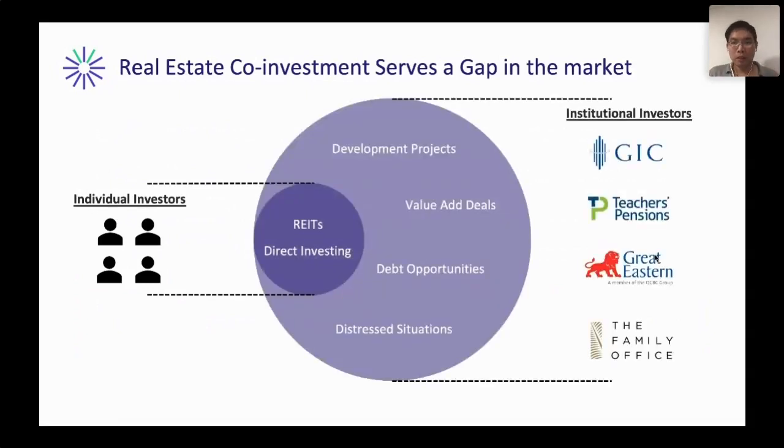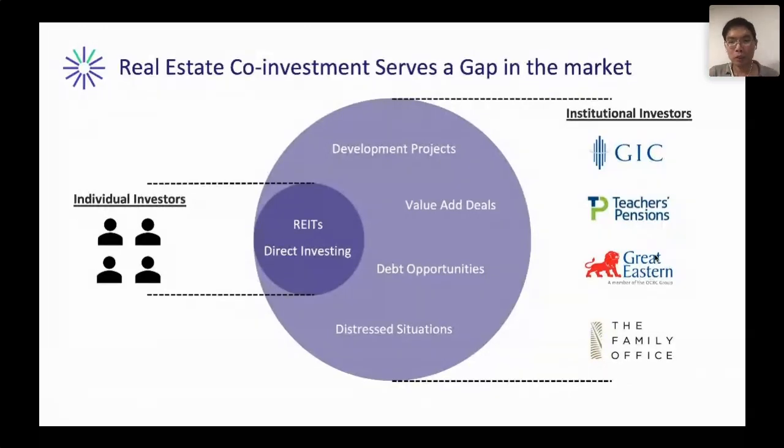On the other hand, institutional investors like sovereign funds, pension funds, insurance funds, family offices, and ultra-high net worths have much deeper access and a greater variety of real estate strategies and deals they can act on. For instance, they can invest in development projects where they joint venture or partner with developers in developing residential apartments, townhouses, and commercial buildings.